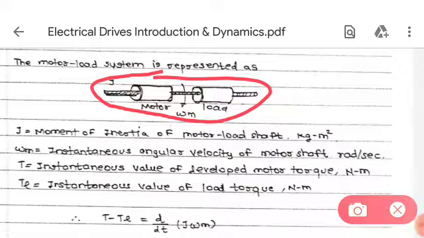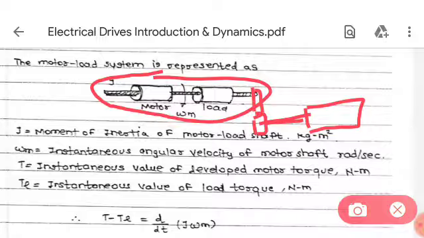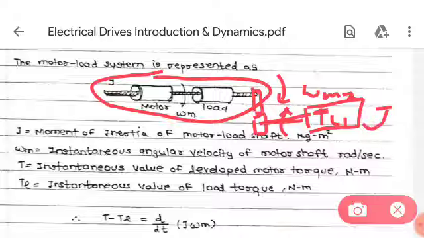So there could be multiple loads connected through, suppose, a gear. This is one shaft, this is another shaft, and there is another load. If this gear is running in this direction, then the other gear rotates in the opposite direction with some other speed, omega m2. This has a different load torque and also a different inertia.